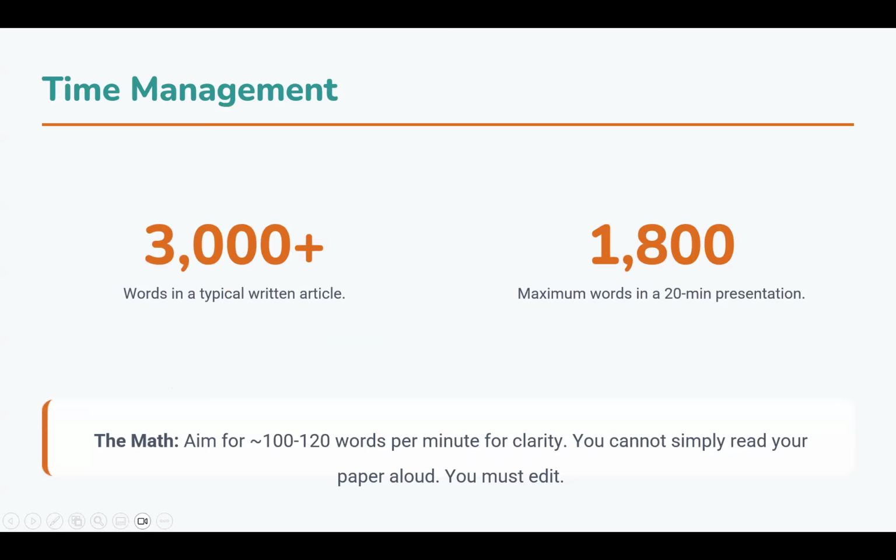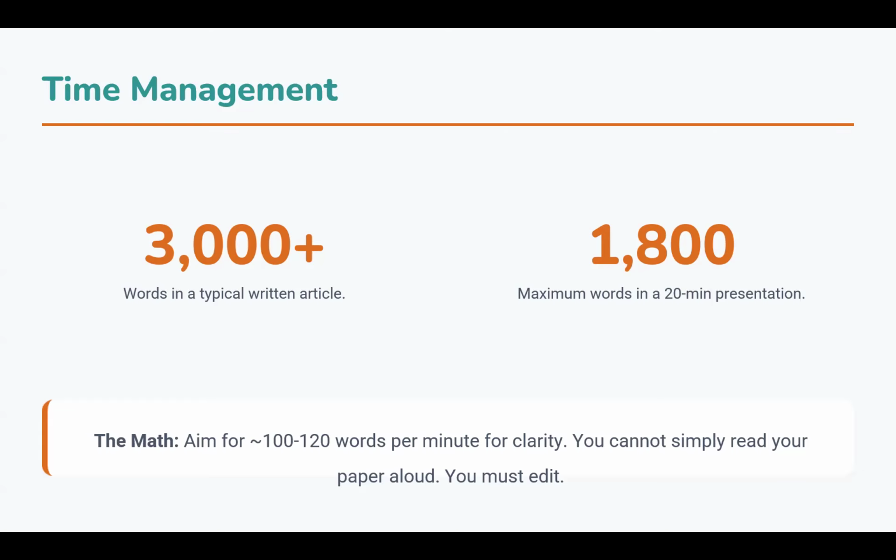So if you look at the time management aspect, now in your written article, you have typically 3,000 plus words. But you are given a very little presentation time where you can speak nearly or less than 20 minutes. So your article has 3,000 plus words, your verbal space is 1,800 if you just look at a typical calculation.